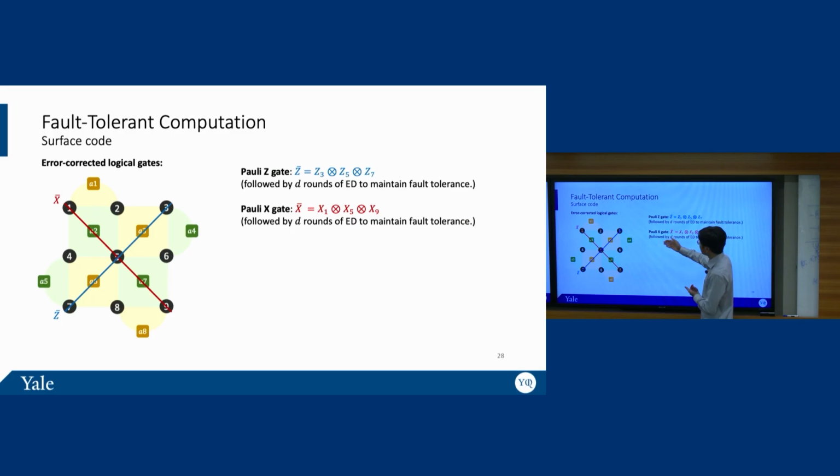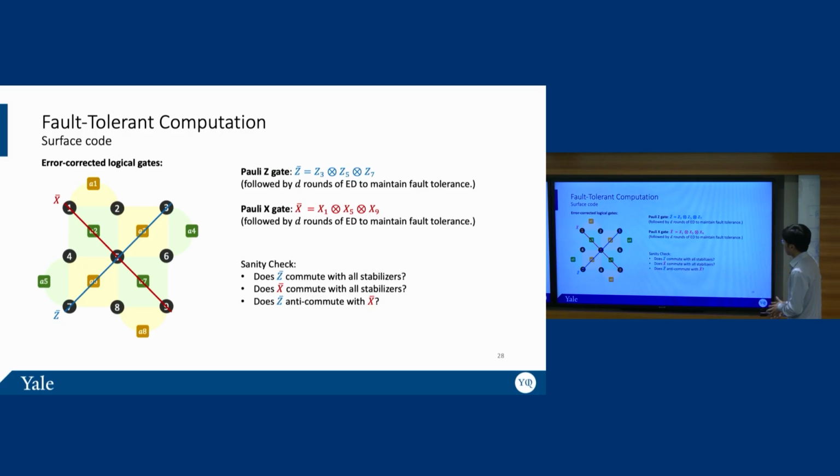And it turns out that for this surface code construction, performing logical X on the qubit is implemented by physical X gates on this set of 3 qubits, 1, 5, and 9. And then the Pauli Z operation acts on the other diagonal of this surface code patch, 3, 5, 7, Z operation.